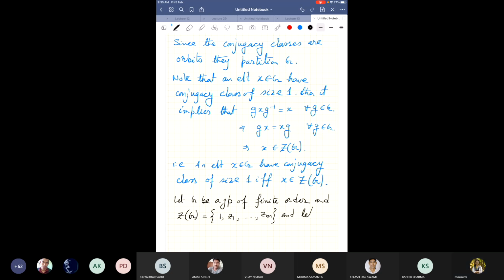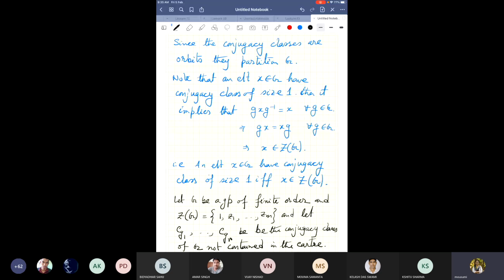And let CG1, ..., CGR be the conjugacy classes of G not contained in the center. What does that mean?